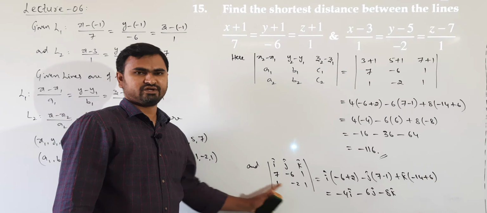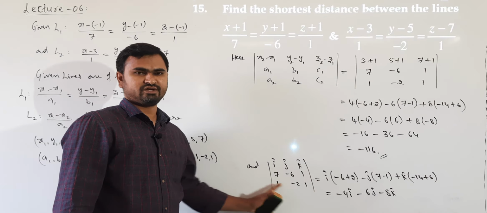Okay, note down all this. We need the magnitude of denominator. So here magnitude of determinant of i, j, k, a1, b1, c1, a2, b2, c2 is equal to, vector already found.